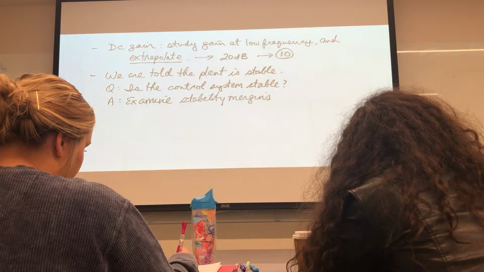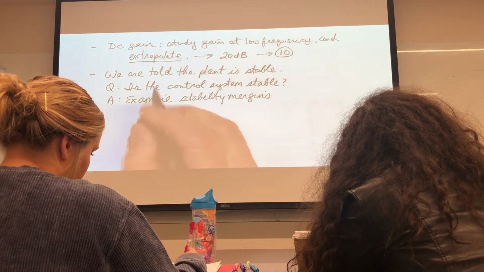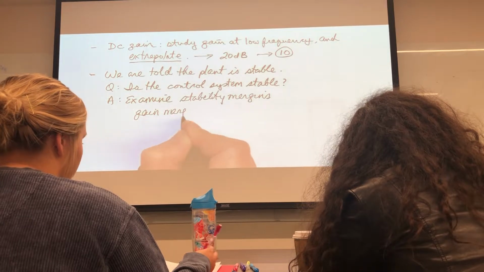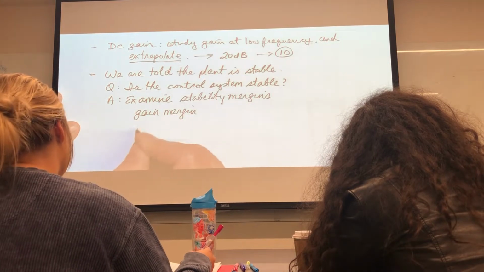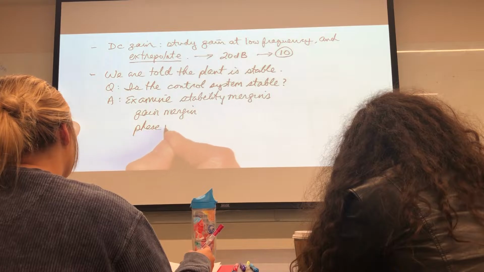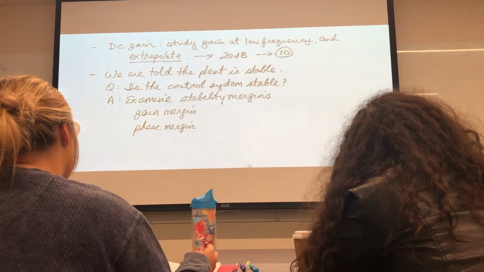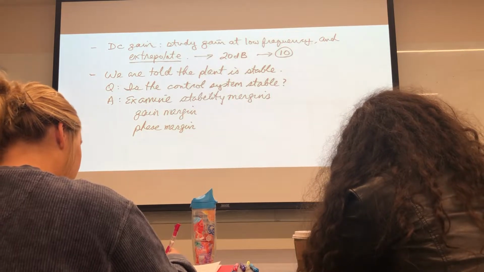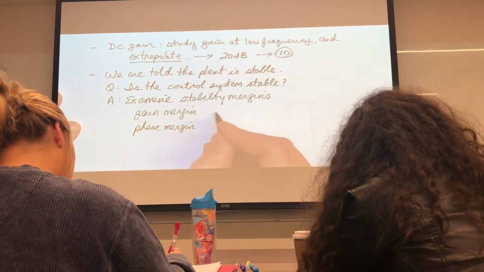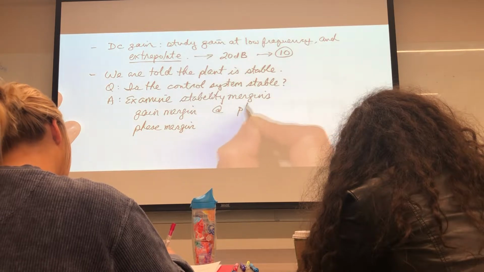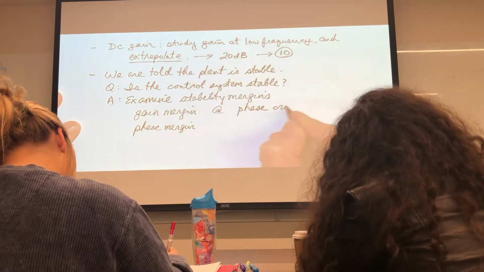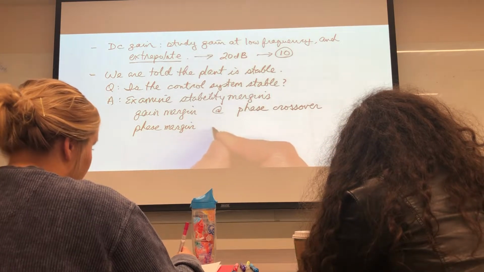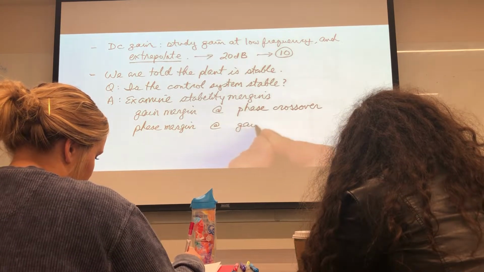So there are 4 words that we need to review. Gain margin and phase margin. We need to measure the gain margin at what is known as the phase crossover. We need to measure the phase margin at what is known as the gain crossover.